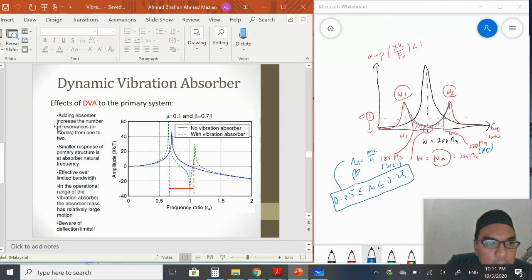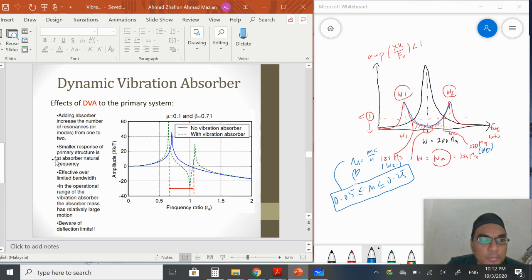Adding the absorber will increase the number of resonances from 1 to 2. This is the primary system. When you add the DVA, it will become 0, but it will add another 2 natural frequencies, omega 1 and omega 2. But the good thing is the vibration at the operating frequency will become 0.